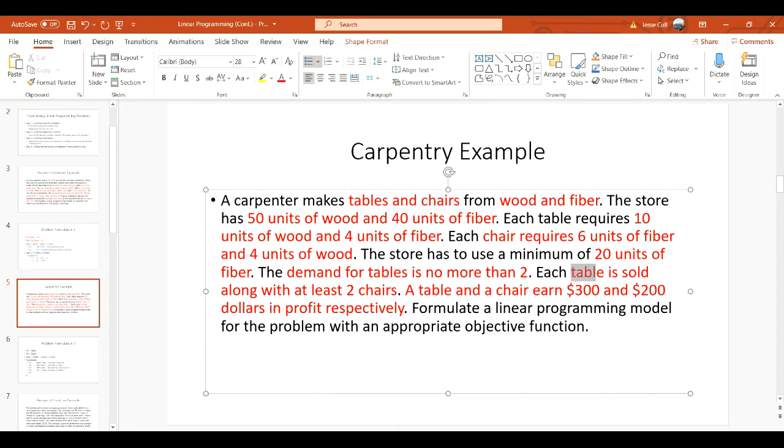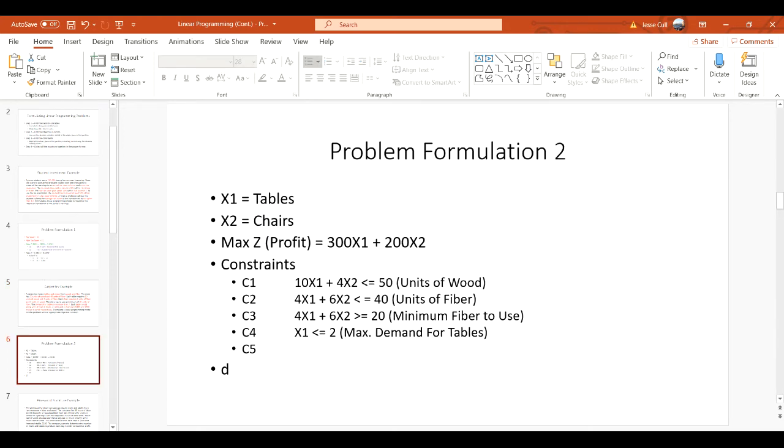Each table is sold along with at least 2 chairs. So for every table we sell, x1 is tables, must be equal to a minimum of 2 chairs. So it must be greater than or equal to 2 x2.